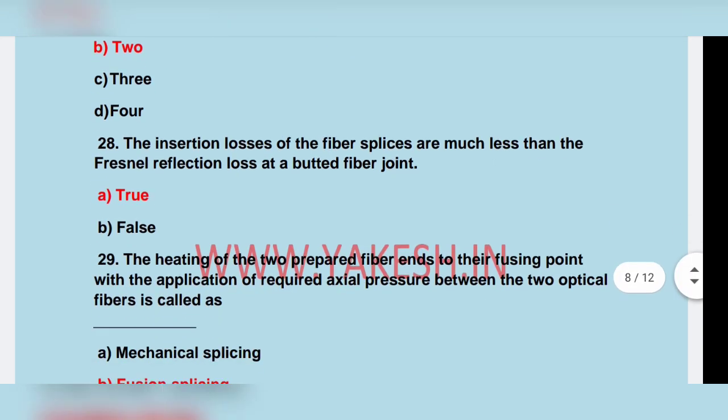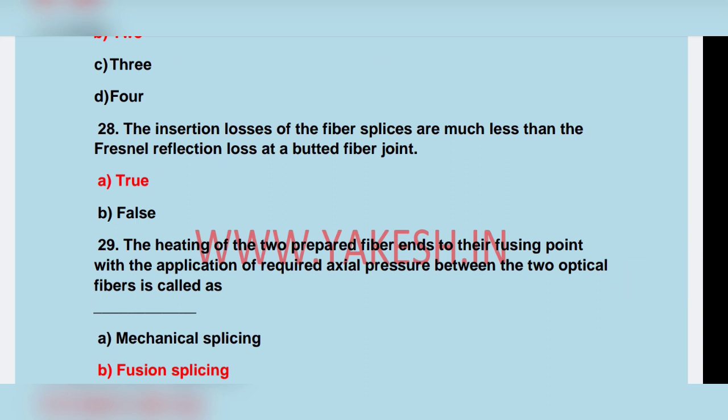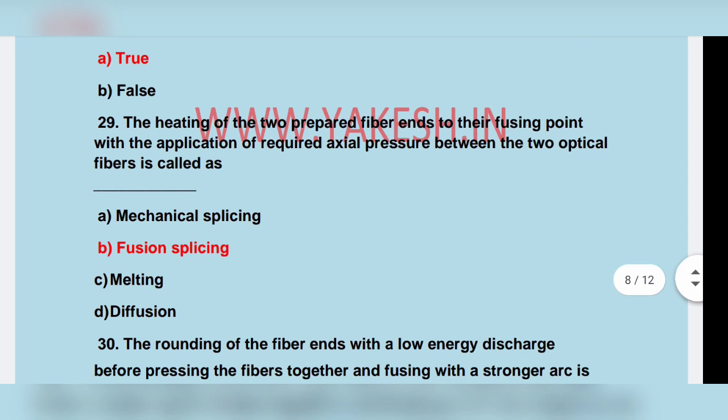Option B. 2. The insertion losses of fiber splices are much less than the Fresnel reflection loss. Option A. True. The heating of two prepared fiber ends to the fusing point with the application of required axial pressure between the two optical fibers is called fusion splicing.